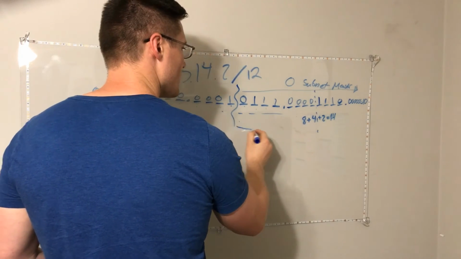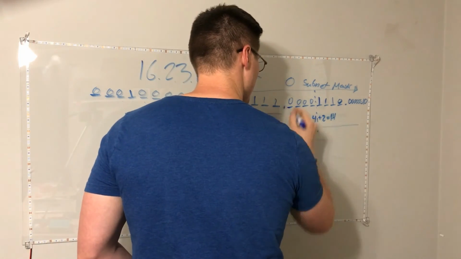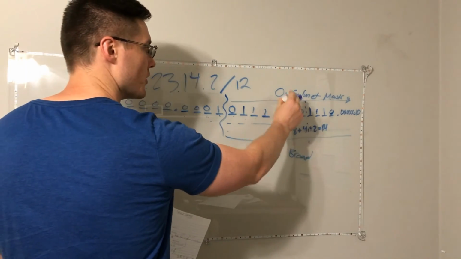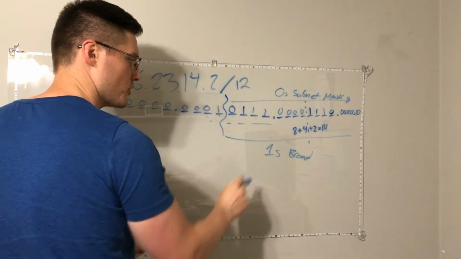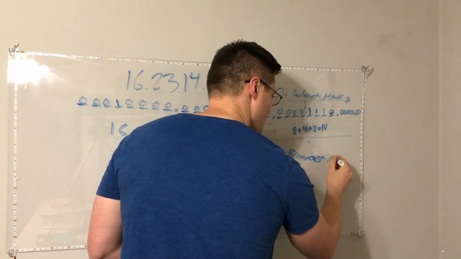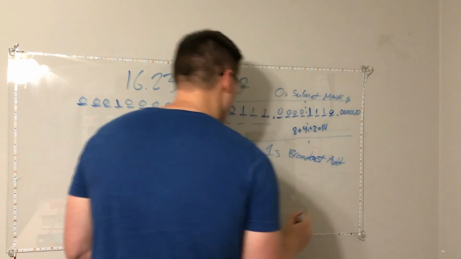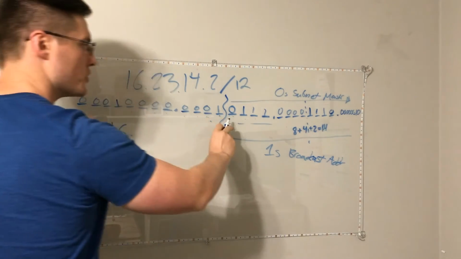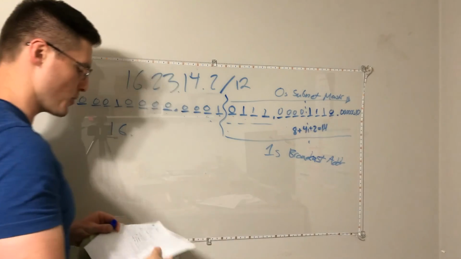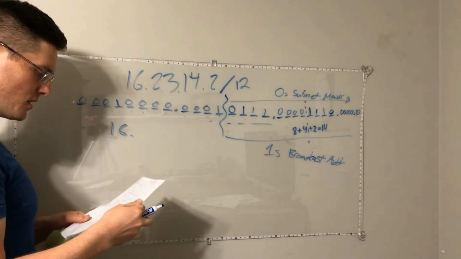And then all ones. At this point, we're able to determine the subnet mask, and we're able to determine the broadcast address. From here on out, you just put all zeros for the subnet mask and all ones for the broadcast address.